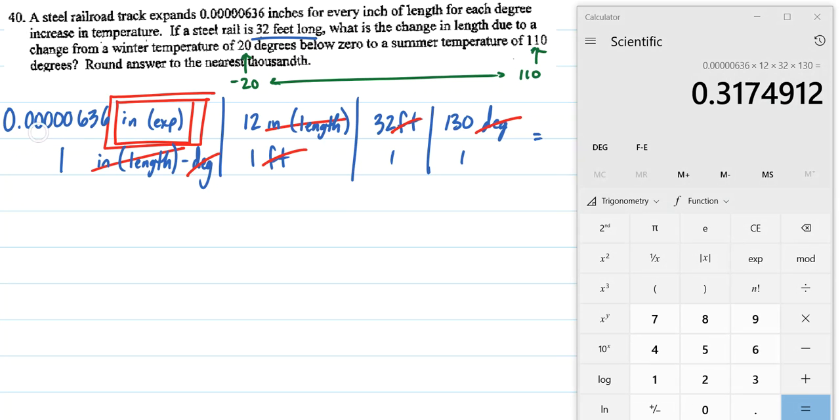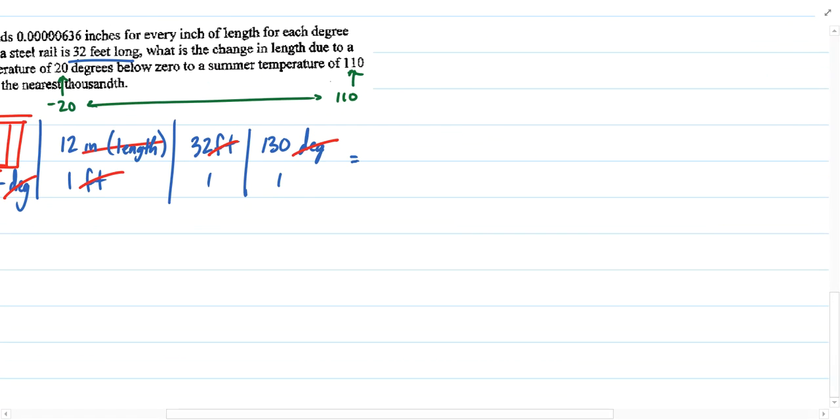And so if I multiply this decimal, 0.0000636 times 12 times 32 times 130 leaves me with this decimal, 0.317.